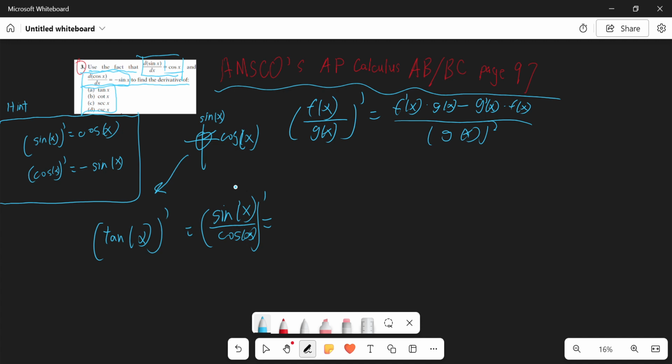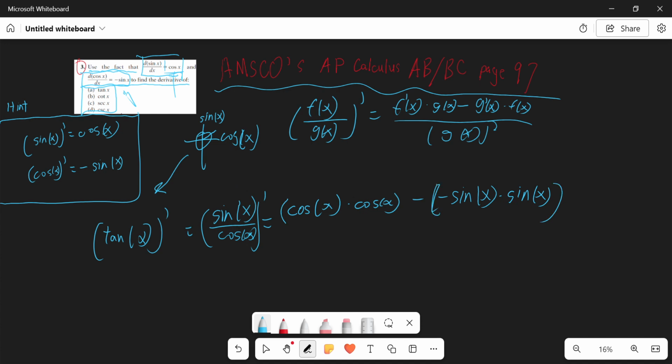We will be using this rule to our advantage, and we will be getting cosine, as given in the problem, multiplied by cosine, minus negative sine x multiplied by sine x.